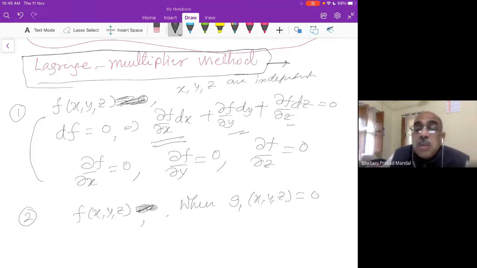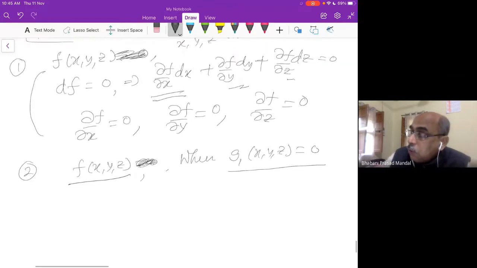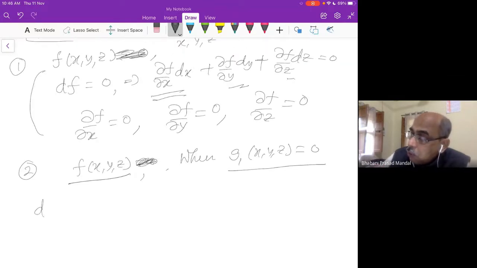That means the presence of a constraint. I am asking to extremize this function under a constraint condition. So again you have to do delta f equal to 0 when g1(x,y,z) equals 0.